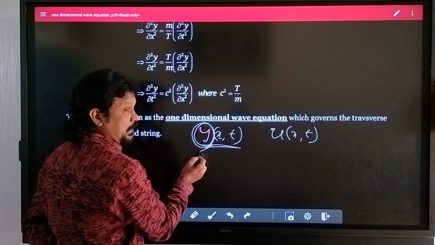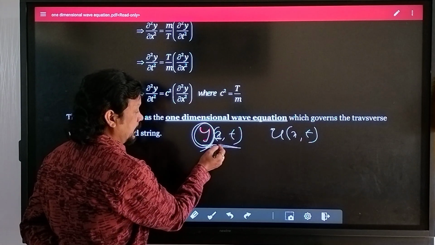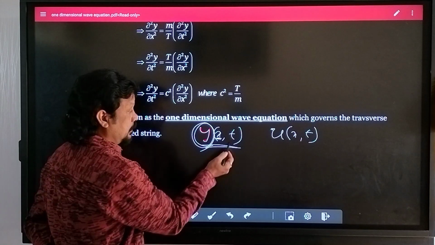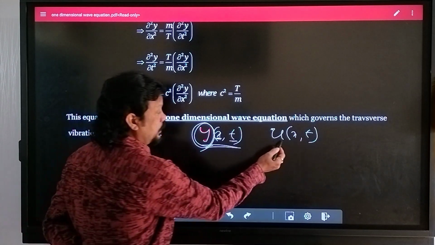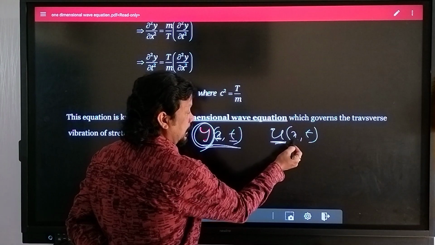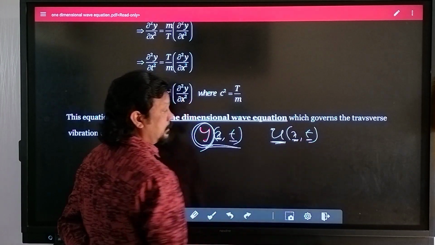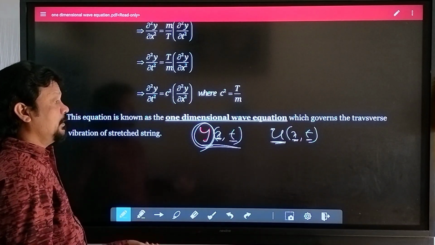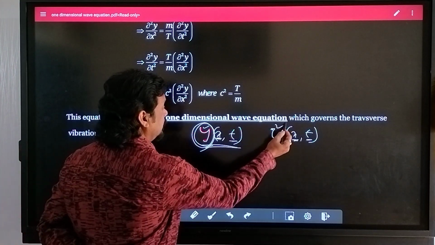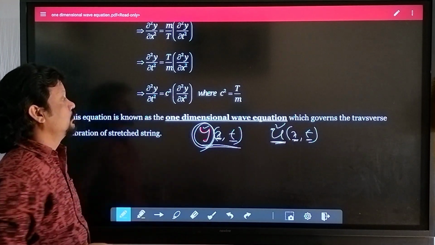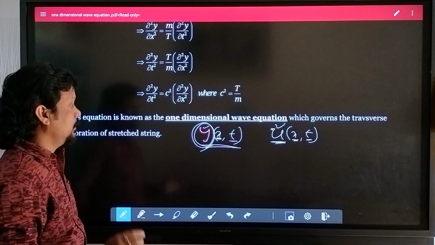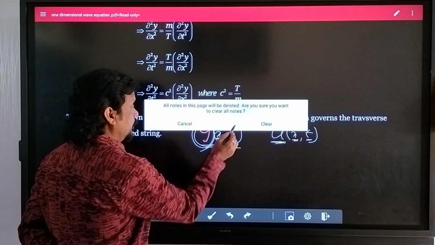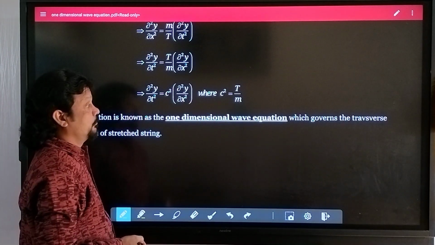Y is the displacement at the point x at time t. U is the displacement at the point x at time t. So same thing, you can take y or you can take u. According to your question, you should do the derivation, and accordingly the problem should be solved.